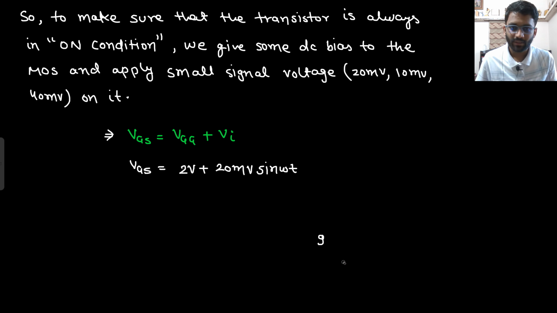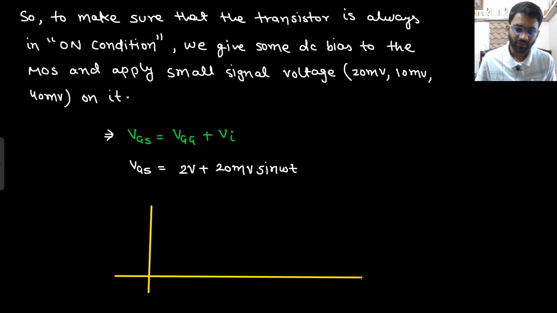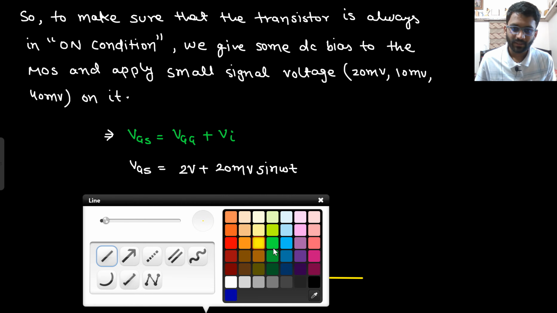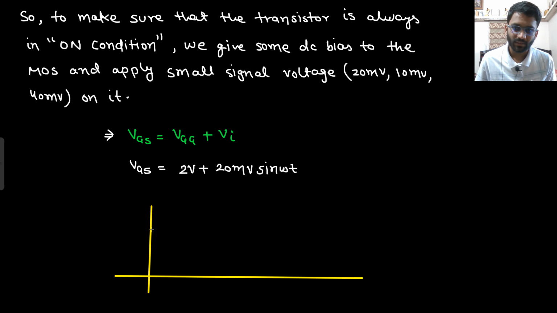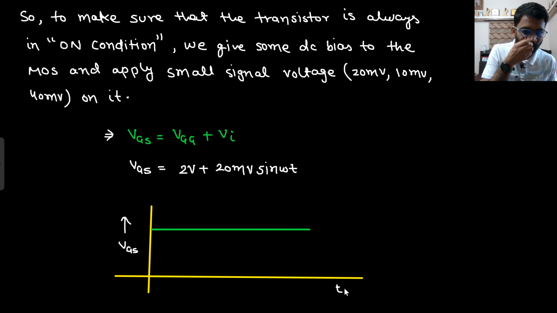So we can draw how my VGS will look. My VGS will be simply a DC plus a small signal, versus time.